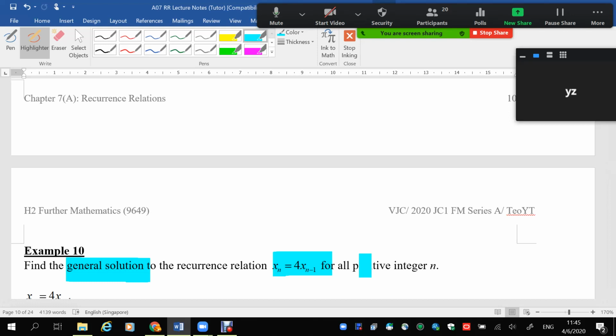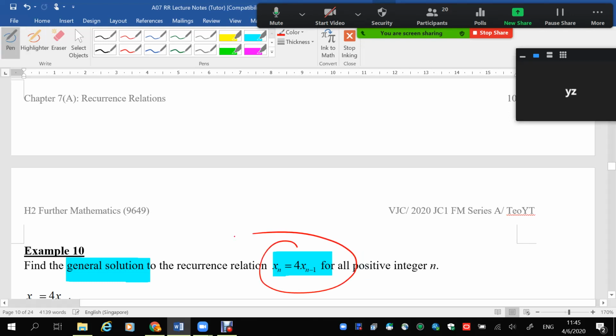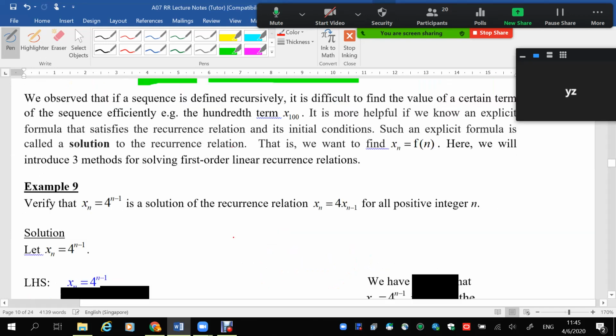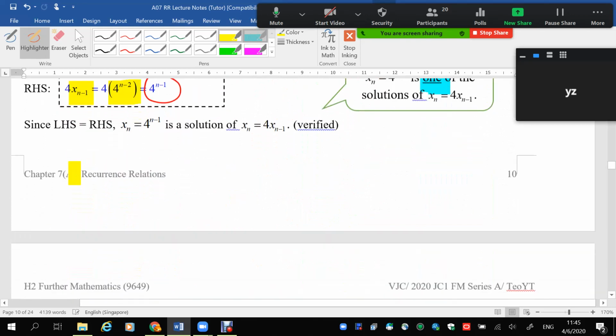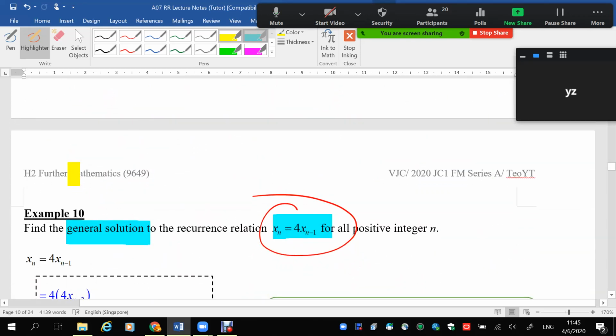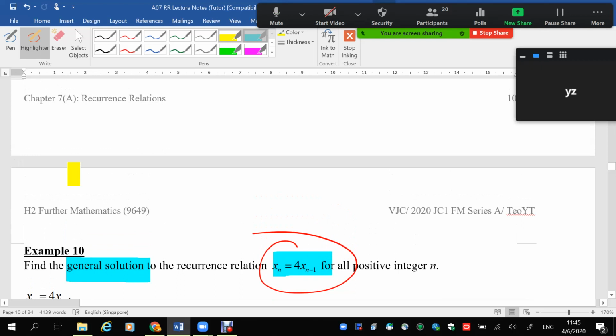In both examples, the recurrence relation is the same. In example 9, they ask you to show that 4 to the power of n minus 1 is a solution. But this time around in 10, I'm asking for the general solution. So that's the difference.